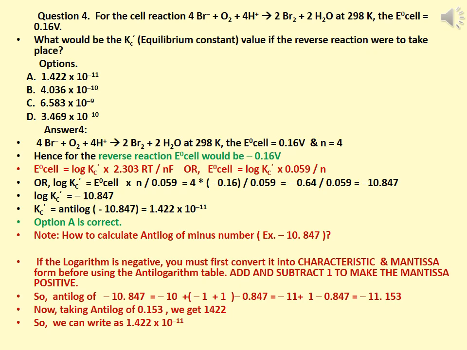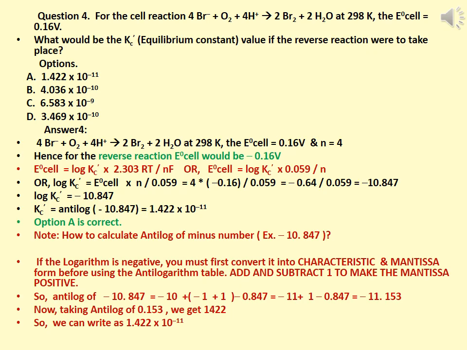So in this cell reaction, the involvement of 4 electrons is seen, or in other words, n is equal to 4, the number of electrons. So this problem can be solved in 2 steps. First step is calculate E0 cell, and second step, reverse the E0 value and use it to calculate K dash C, the equilibrium constant for the reverse reaction.